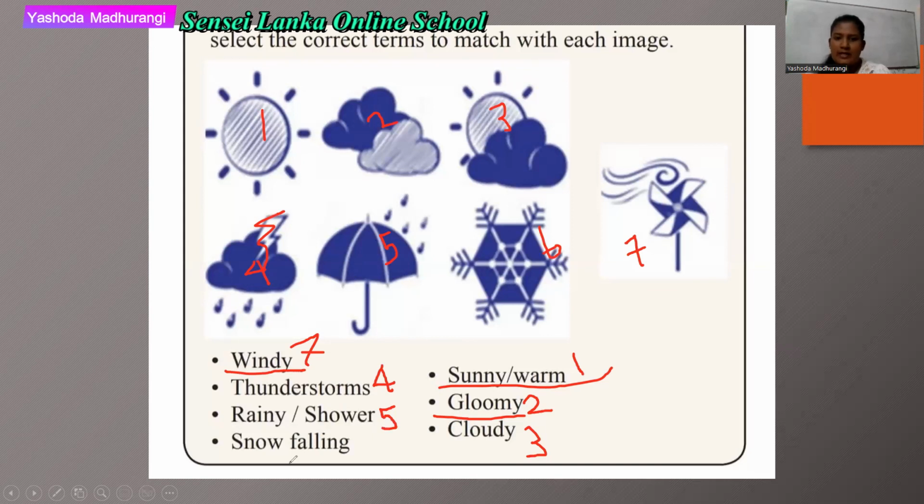It is rainy. Then number 6 is snow falling. You have seen this symbol. When there is Christmas, you can see this symbol, snow falling. So Pute, you have to remember these images and the symbols that come with different weather elements.